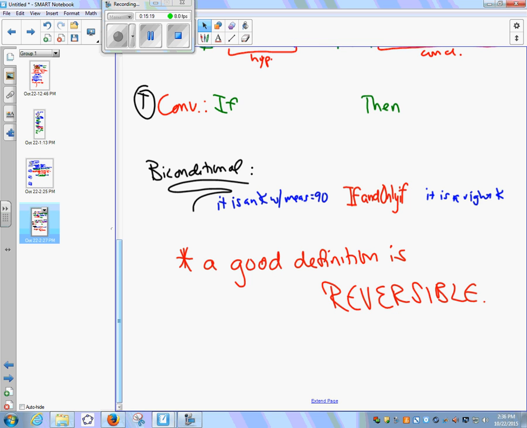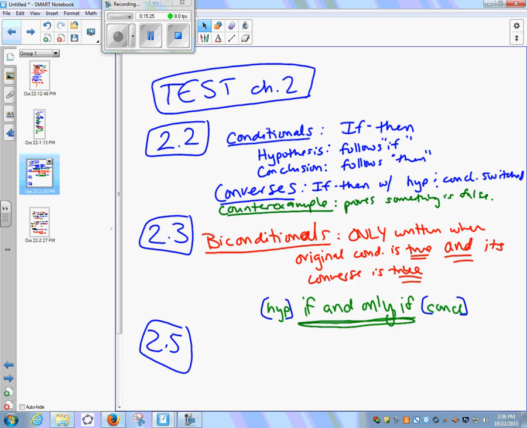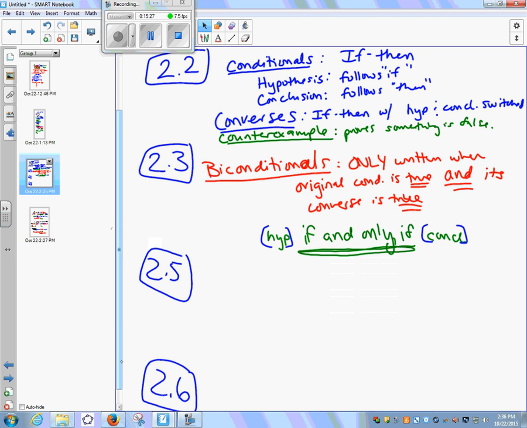It's reversible. It can be written as a true biconditional. Original and converse are both true. So that is the other thing from section 2.3 that we needed to make sure we knew: what makes a good definition. So it is a good definition that a right angle is an angle with a measure equal to 90. It works both ways, so that makes it a good definition.